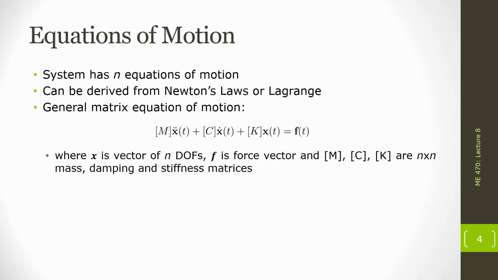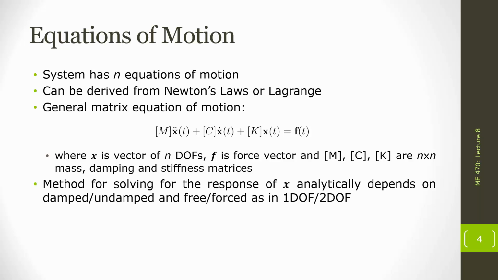But now, more generally, each of these matrices M, C, K is going to be n by n, where n is the number of independent degrees of freedom that we have, and our x vector is going to have n elements to it. So when we see that our equation of motion is in this form and we have an n degree of freedom system, the method for solving for all of those degrees of freedom analytically is going to depend on, one, is this autonomous or not?